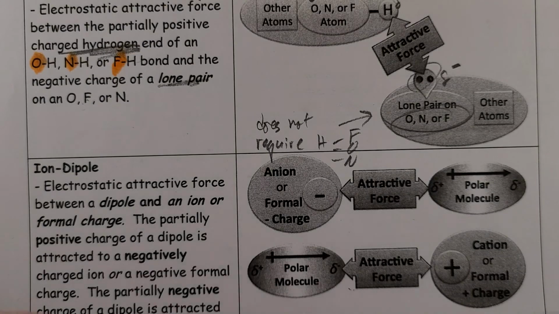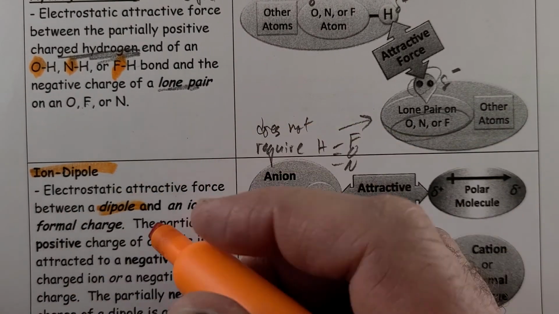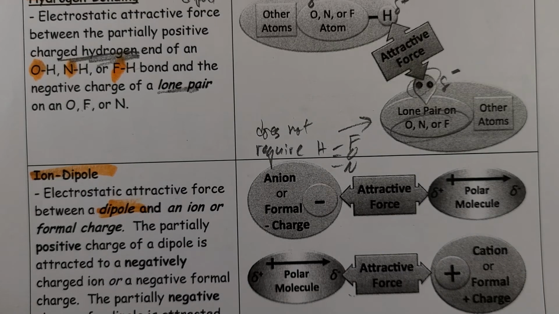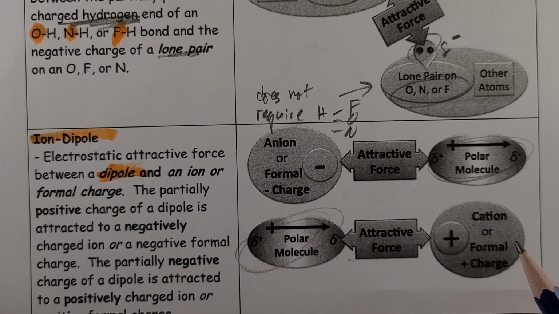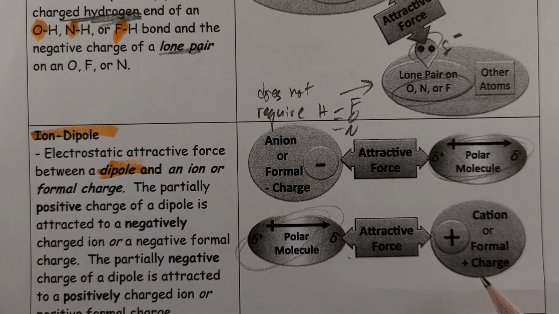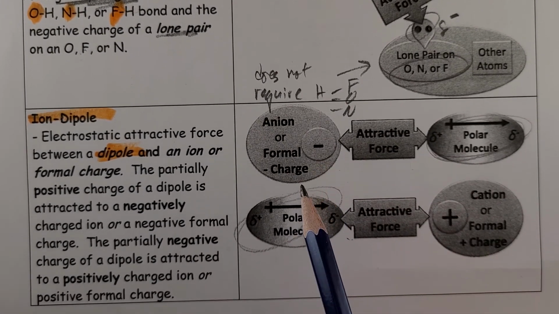Then the last one here, ion dipole. The electrostatic attractive forces between a dipole and an ion, or a formal charge. So you have your dipole. A lot of the time the dipole is a polar molecule such as water, and it's going to attract to an ion that's dissolved in solution.